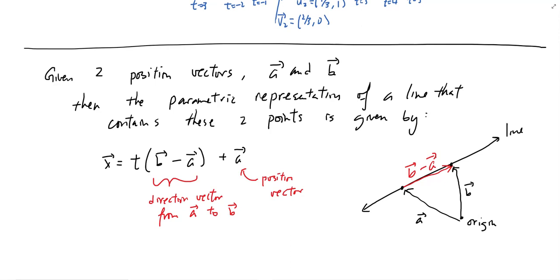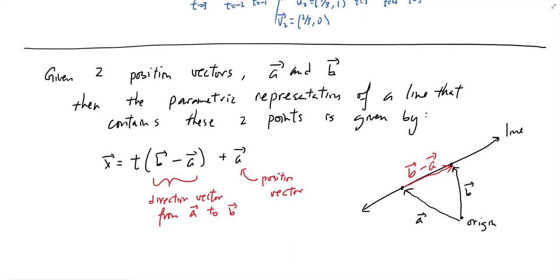As a matter of fact, this formula that I wrote for you on the right now is not the only formula when you try to write a parametric representation between 2 points, vector A and vector B. And no, it's not. Are you surprised? No, you shouldn't be. Remember, parametric representation is not unique.